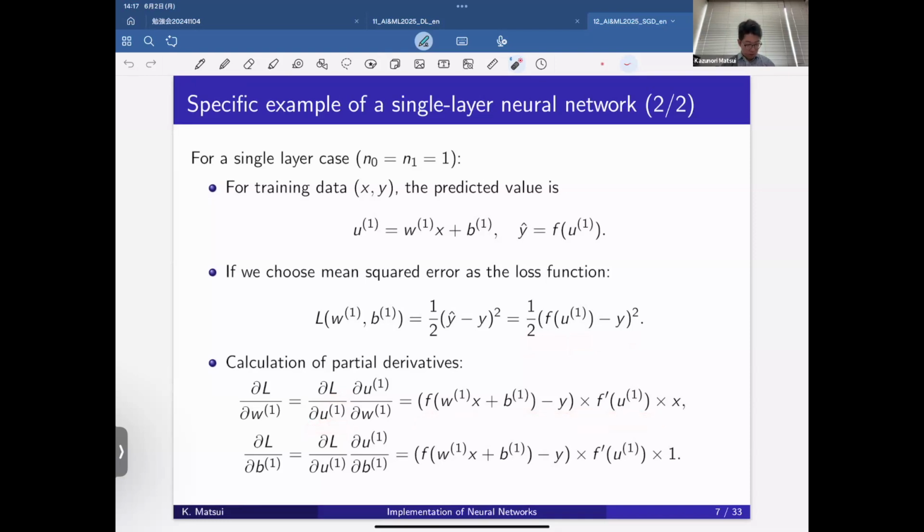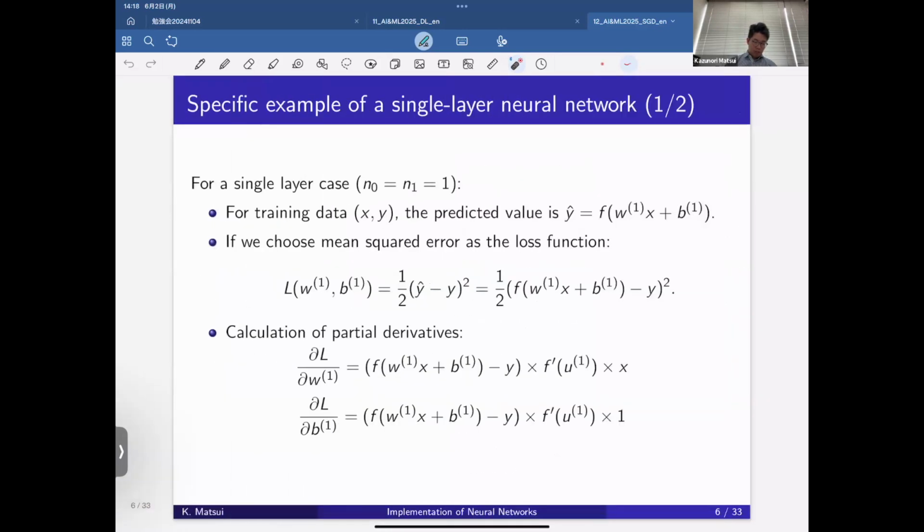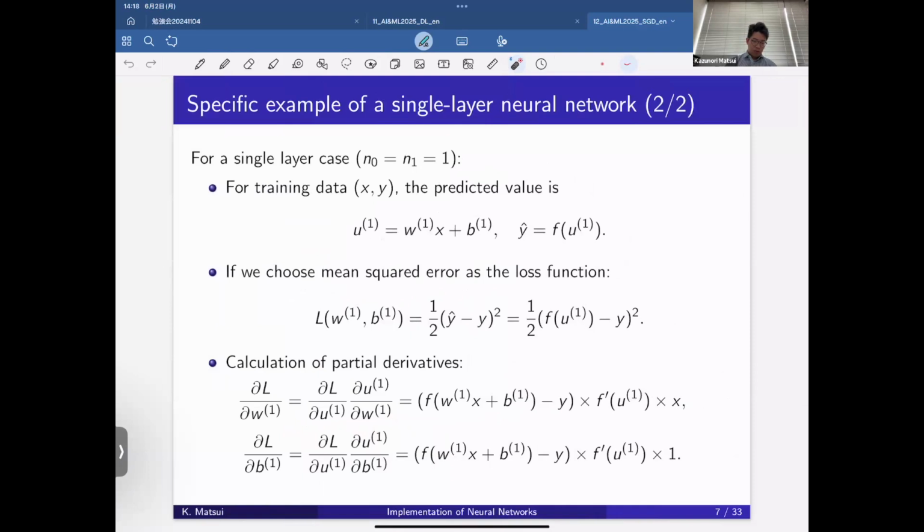When we differentiate u1 with respect to w1, we get x. When we differentiate u1 with respect to b1, we get 1. So the partial derivative becomes like this. This is just rewriting what we did before, so we don't see the benefit yet.